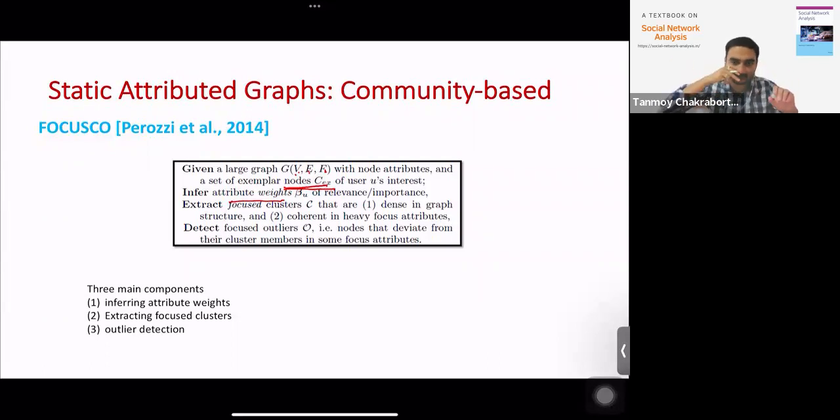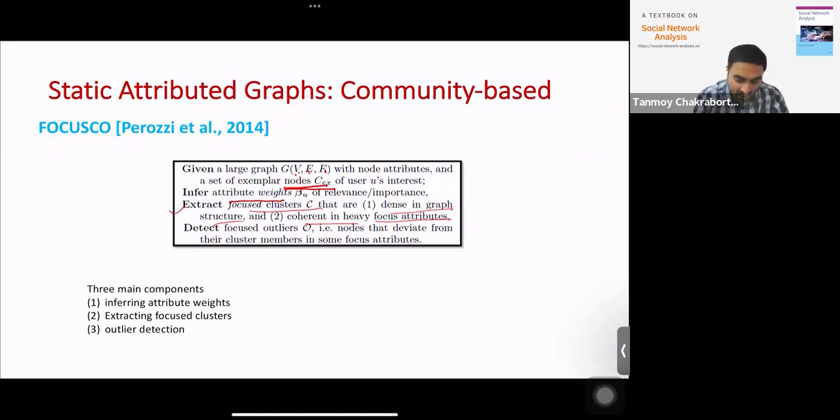There are certain features, and this algorithm will automatically infer the weight of every feature. Then it extracts the focus clusters that are dense in the graph and coherent in the heavily weighted focus attributes. So once we identify the weights of attributes, our task would be to identify clusters with respect to the focus attributes.